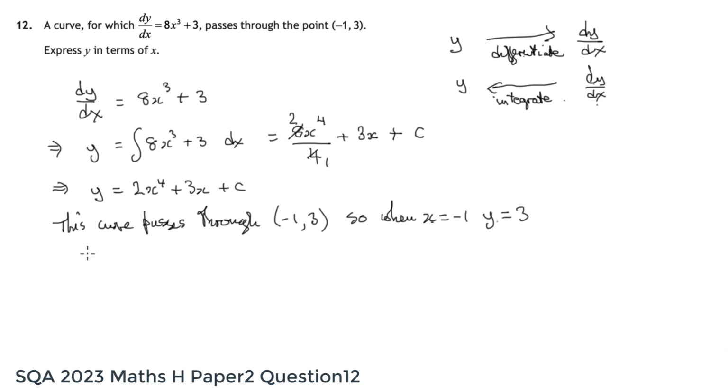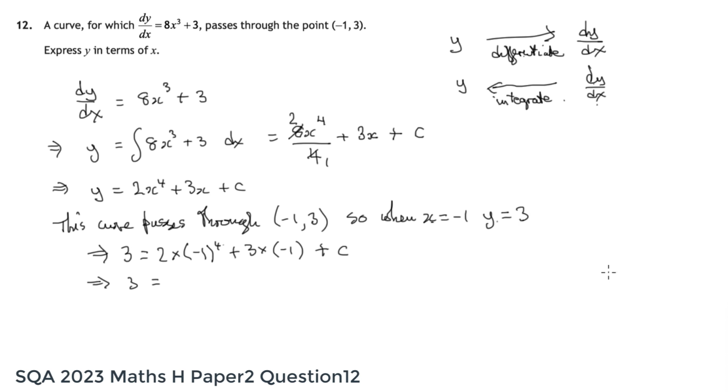So let's try that. That implies that 3, this y here, will be equal to 2 times negative 1 to the power 4 plus 3 times negative 1 plus the constant. So we can find this constant because we can work all this out. 3 equals, now negative 1 to the power 4, that's 4 negative 1's multiplied together.